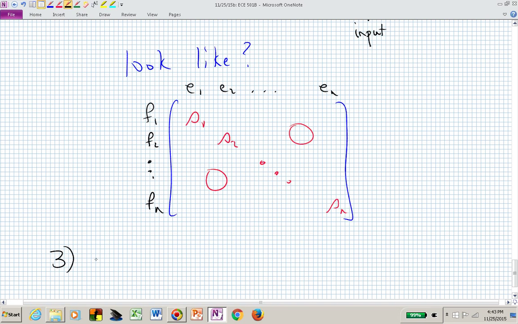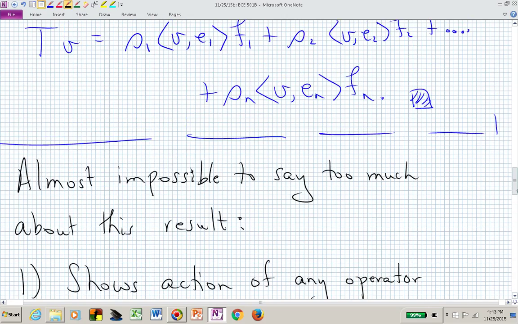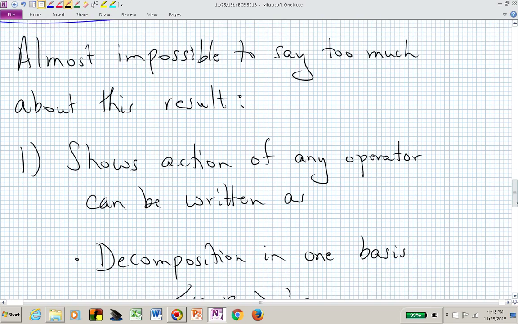In fact, as another point, so this is our third point relative to what we could say about singular value decomposition.